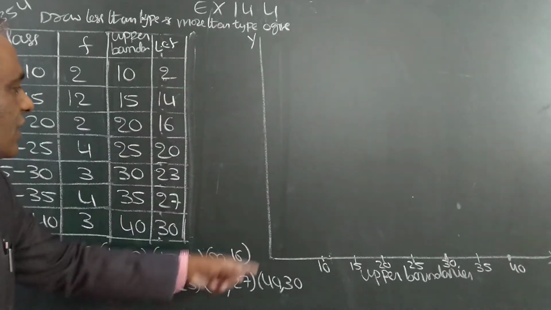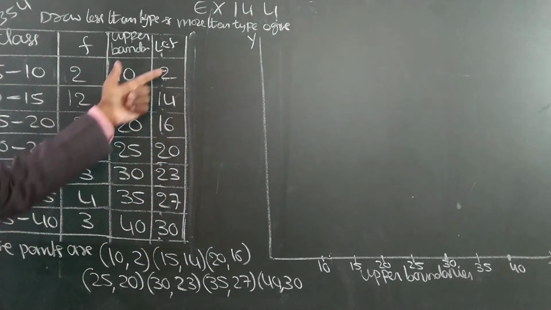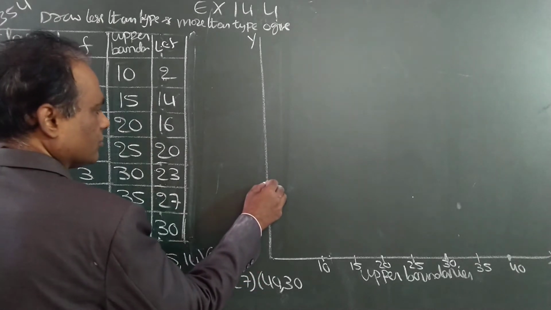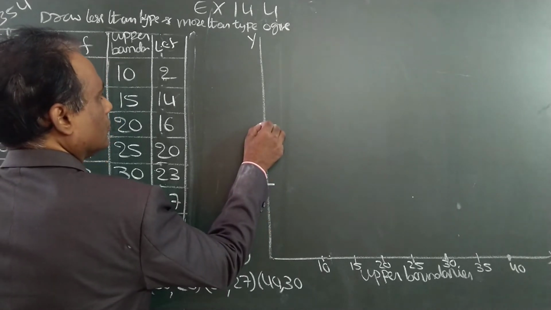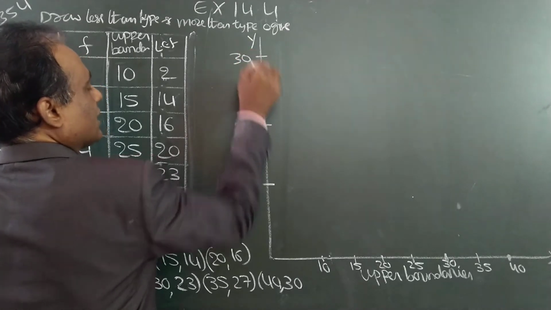Now the frequencies on the y-axis, from 2 to 30. We can take a 10 difference: 10, 20, 30.